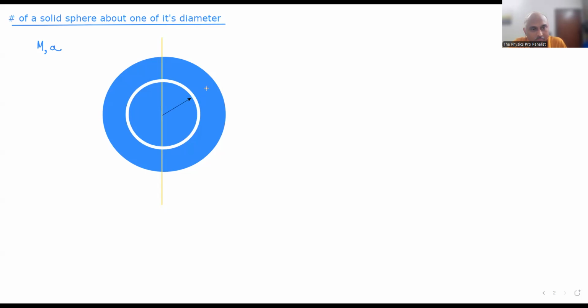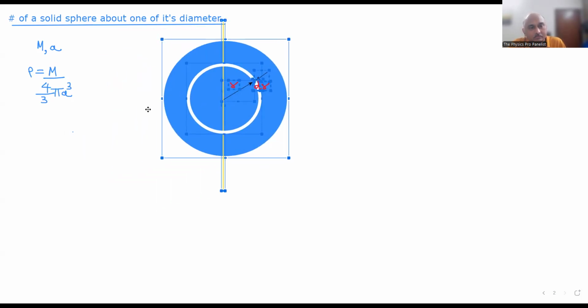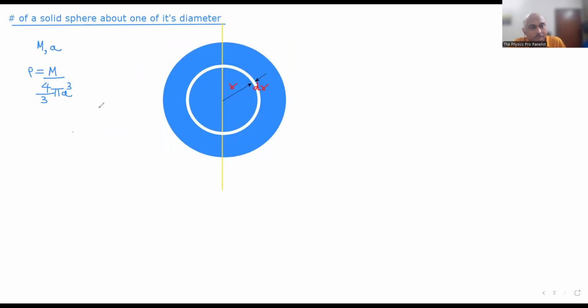Its radius is r and its thickness is dr. So what is rho here? Rho is mass per unit volume. So it is M upon 4 by 3 pi a cube. What is the volume of the region, the white portion?